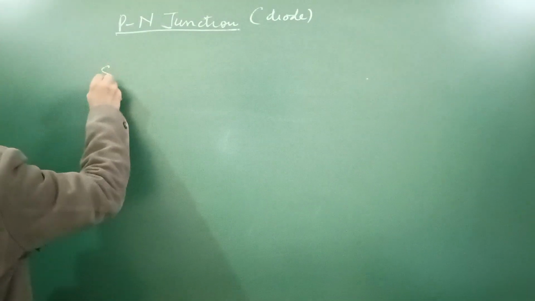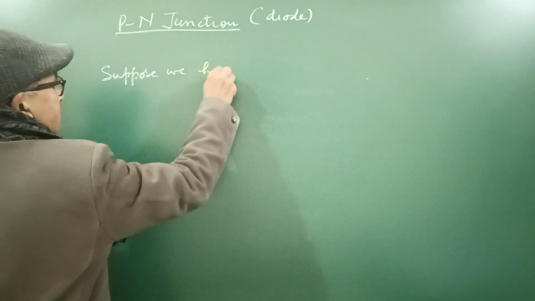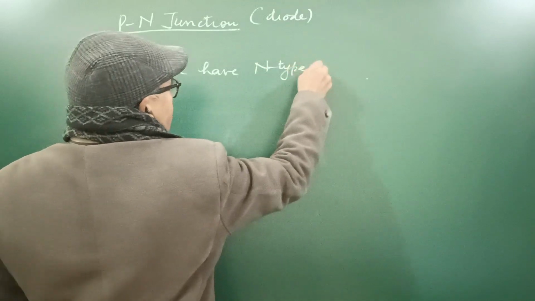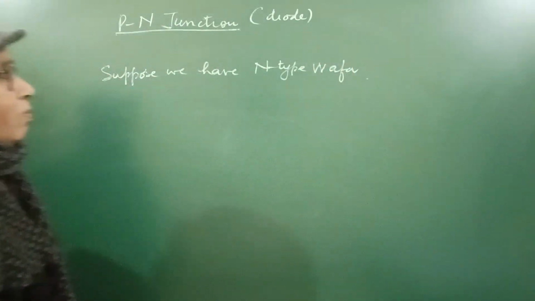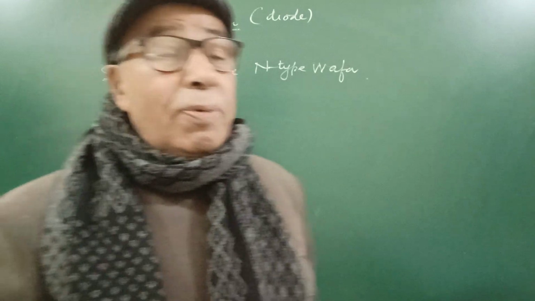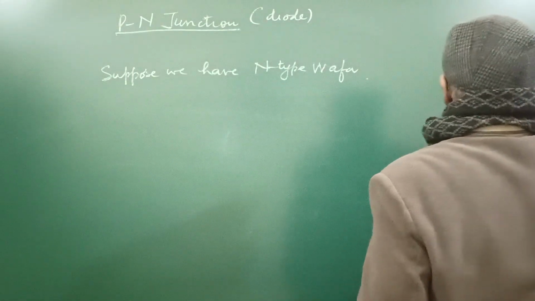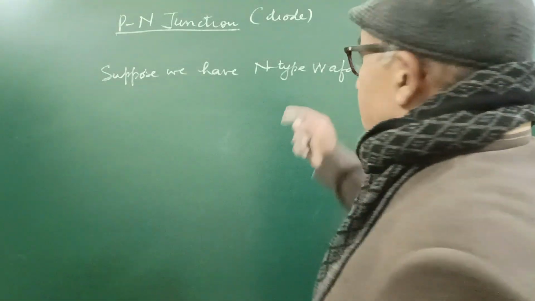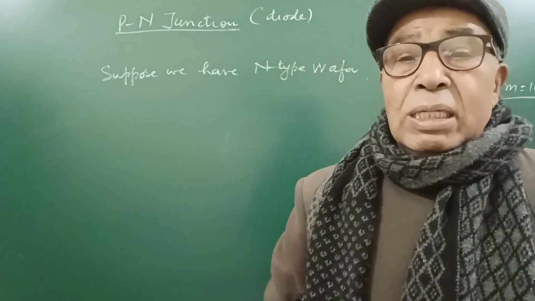Suppose we have an N-type wafer. The thickness of a wafer may be a certain fraction of a millimeter or may be of micron thickness. 10 to the power minus 6 meter equals 1 micrometer. So the thickness of these wafers may vary from millimeter to micron, very thin.